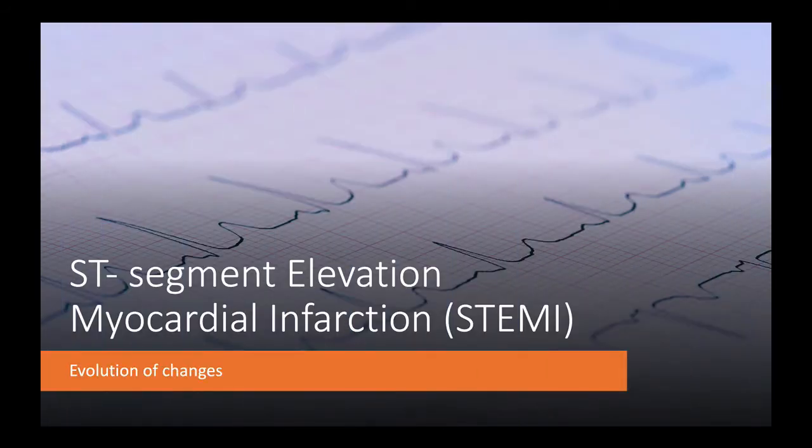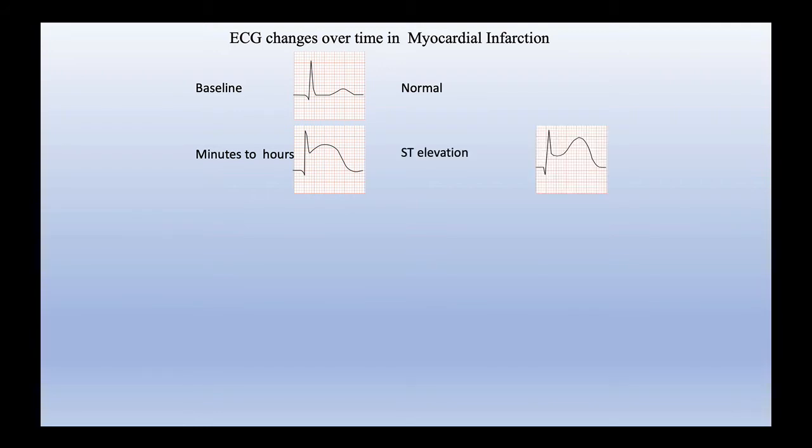Now we're going to look at the evolution of changes. What are going to be the changes in the morphology of an ECG over time in an ST elevation MI? So there you have your baseline ECG, which is normal, and the patient develops acute symptoms, and over minutes to hours, if you take an ECG, you would get the classical picture of ST elevation, and that's your first change that you see.